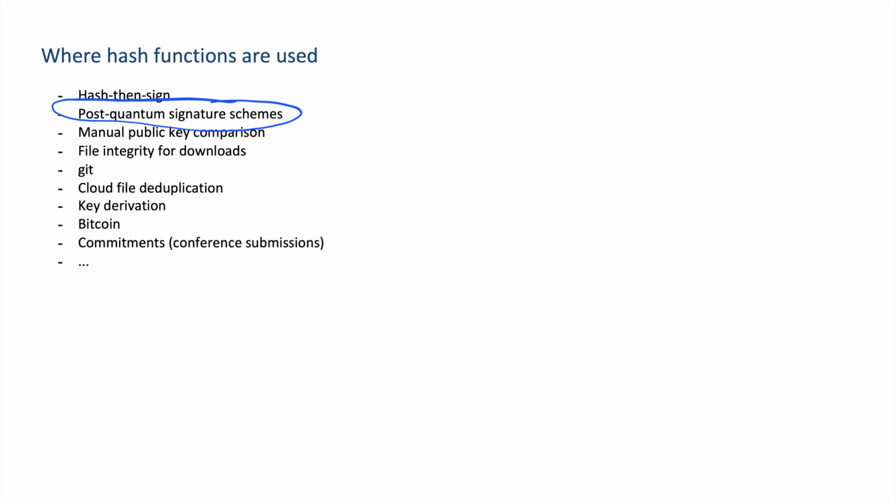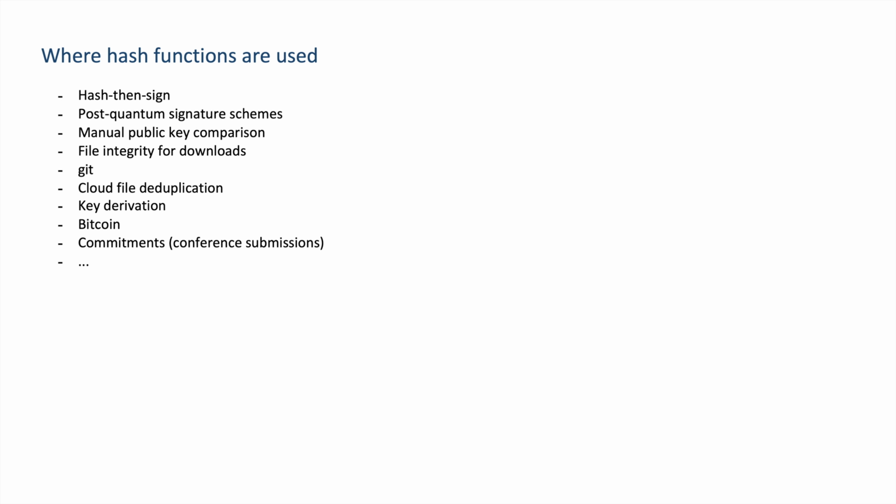These signatures only rely on the assumption that the hash function is collision resistant, which would still be true if quantum computers exist. So even quantum computers wouldn't be able to find a collision. So these Lamport-style signatures using hash functions would be post-quantum secure, which is why all of this stuff that we're doing right now in the lecture becomes somewhat more interesting again.